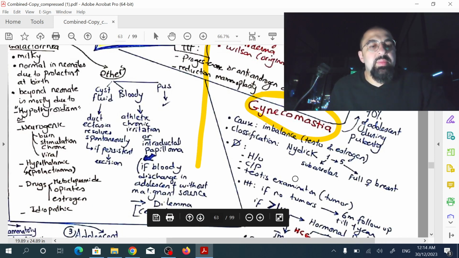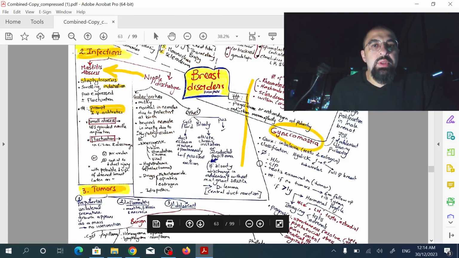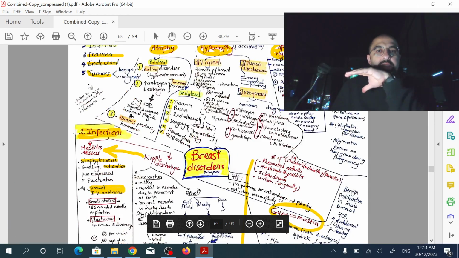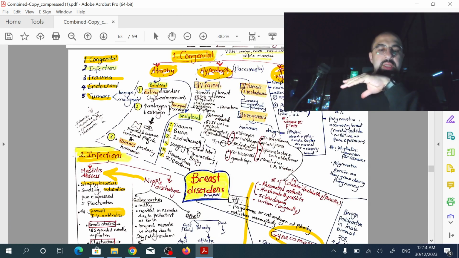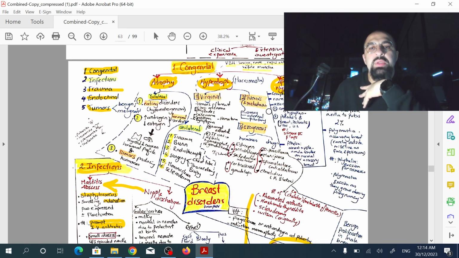So when we summarize, there are congenital breast abnormalities: atrophy, which may be bilateral or unilateral, and hypertrophy, which may be virginal, secondary to a tumor, or exogenous, from medications or hormones.